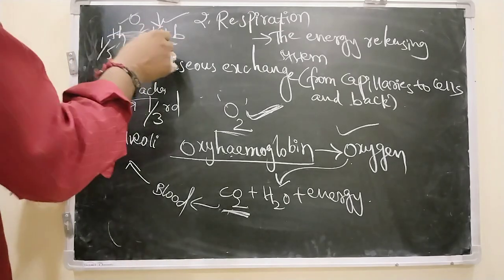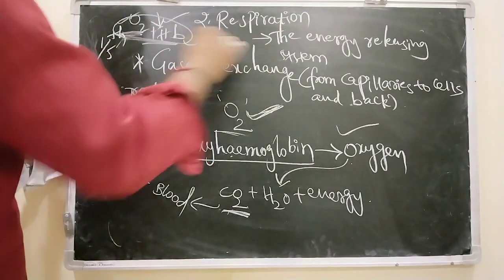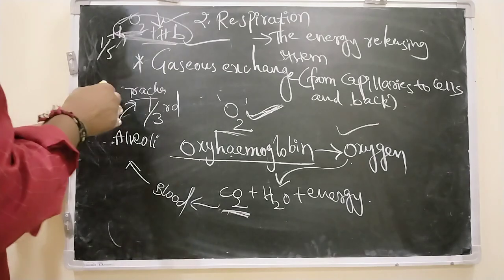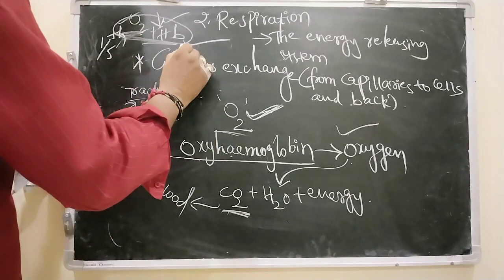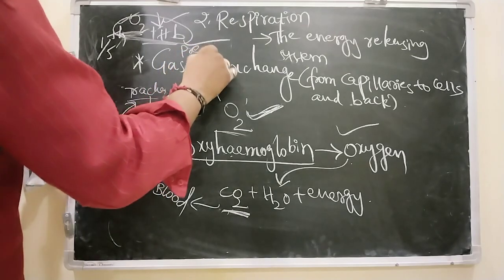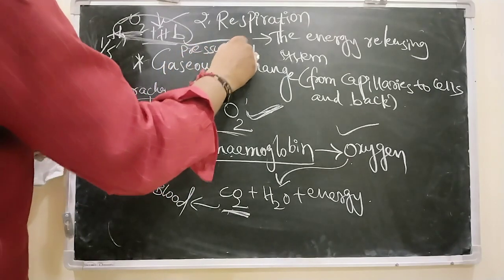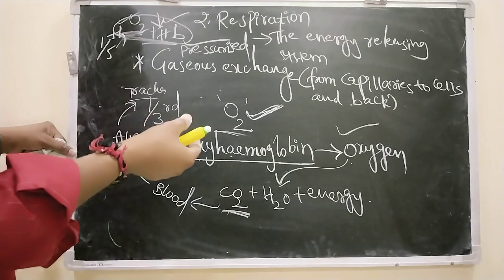That is why mountaineers carry oxygen cylinders along with them. Even modern aircraft carry pressurized cabins. Why? Because at such a great height, there is a short supply of oxygen.